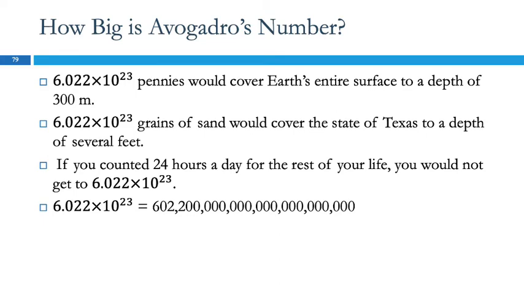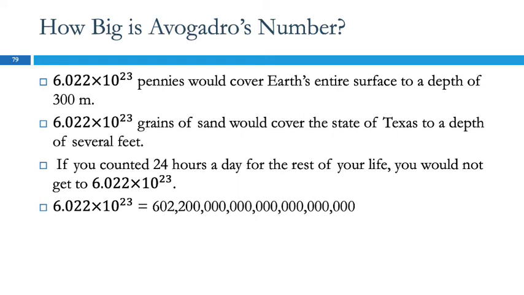How big is Avogadro's number? Really big. Avogadro's number of pennies would cover the Earth's entire surface to a depth of 300 meters. Wow. Right? That's just a lot of pennies.